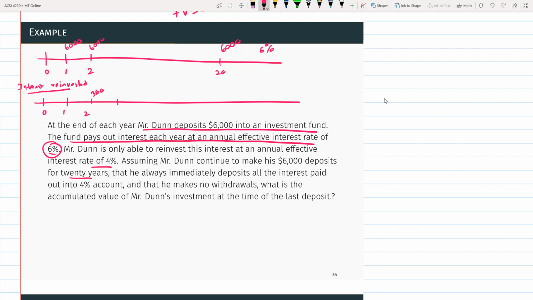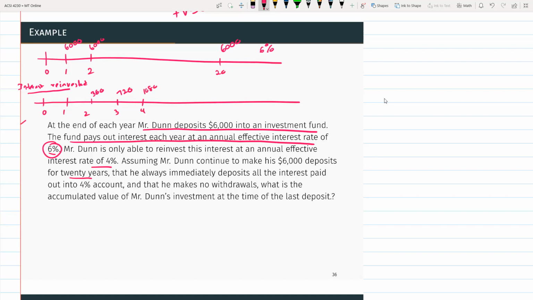Then the next time period, you have 12,000 and you have to calculate the interest at 6%, because you already took out your interest, so you don't have anything else. So 12,000 at 6% is going to be 720. The next time you have 18,000 in your account, and then you calculate the interest for that one. It's going to be 1,080.